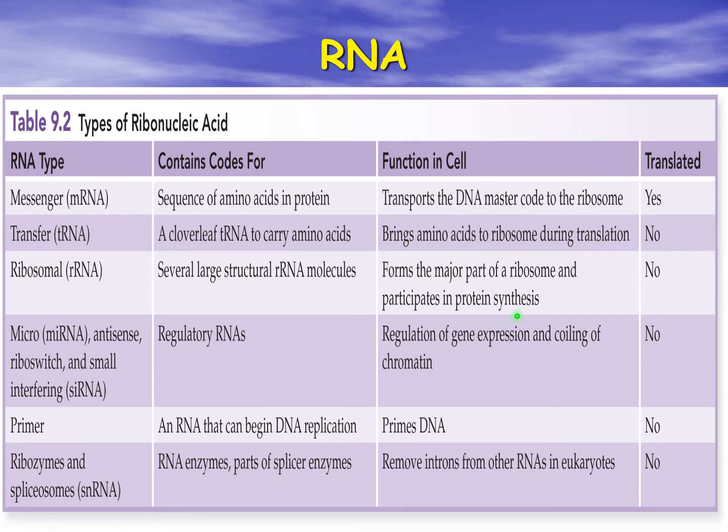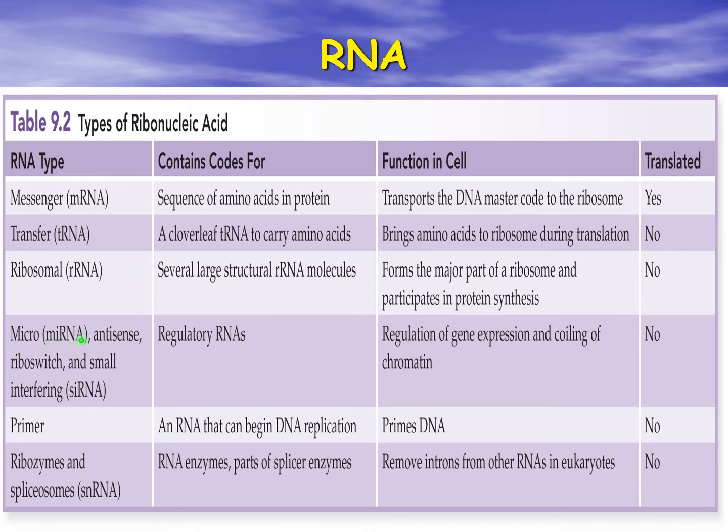So this is just the table of the RNA. Again, messenger RNA carries the message from the DNA master code to the ribosome. Transfer RNA is going to bring the amino acids to the ribosome during translation. Ribosomal RNA makes up the ribosomes itself.